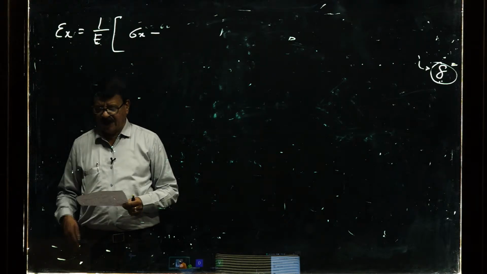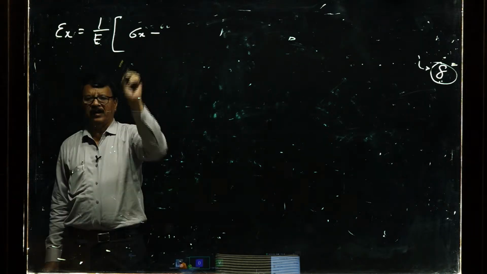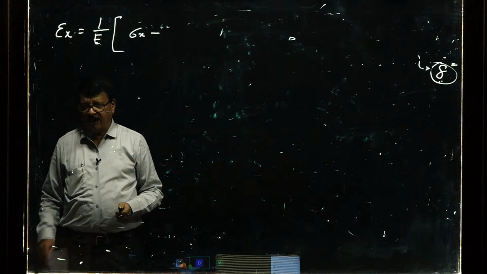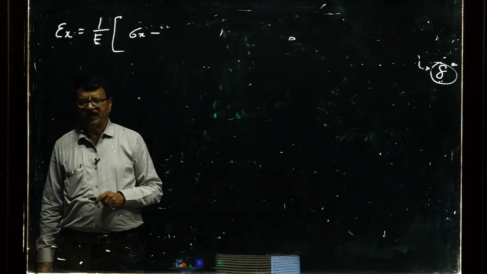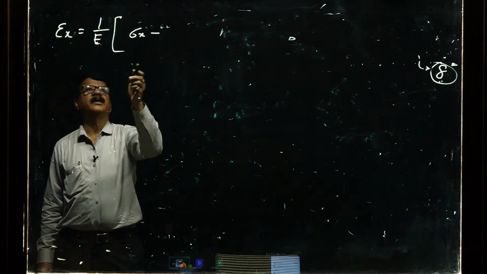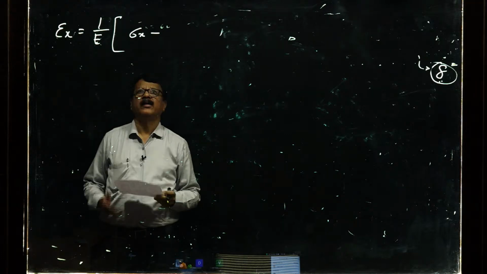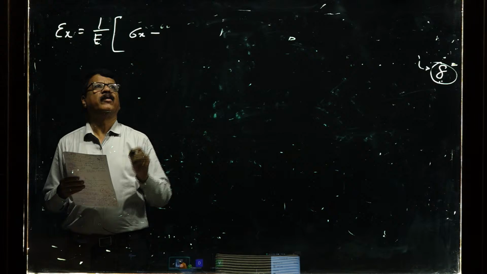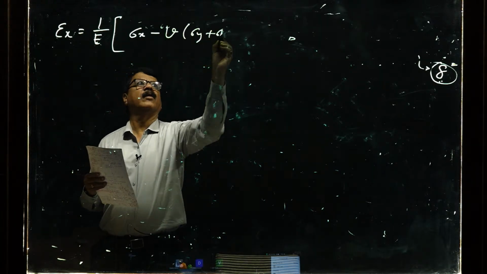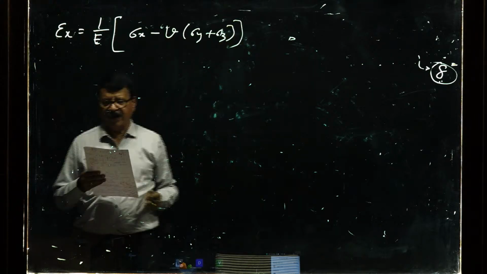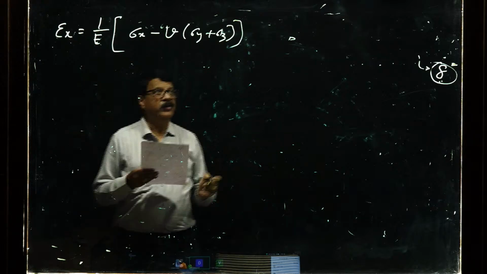Okay. Then equation 3, you complete this equation 3. You attended yesterday also, I think, Pradeep. Yes, sir. So you complete this, you tell me what is the next in equation 3. Sir, mu sigma y plus sigma z. Yes. Good.